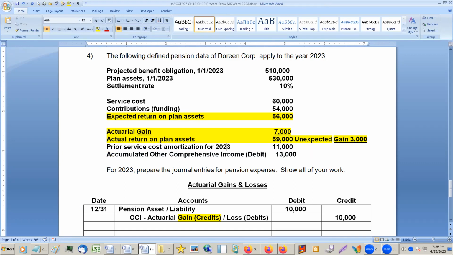Okay. But yeah, and by the way, I know that it looks kind of funny, pension asset liability, like which one is it? Well, it could flip, and that's why they usually have this as a combined account, because it could flip from one side to the other.